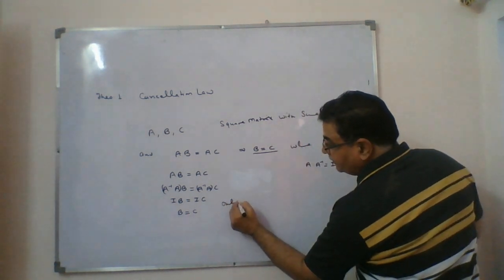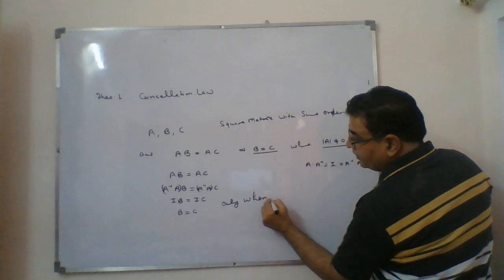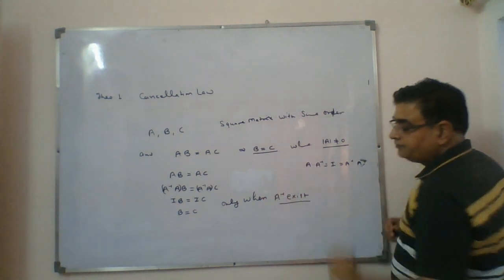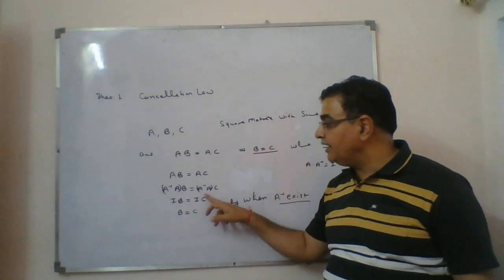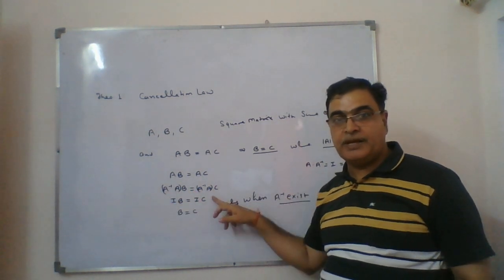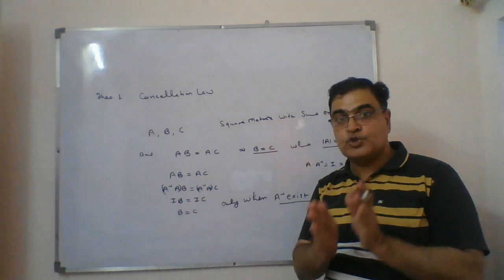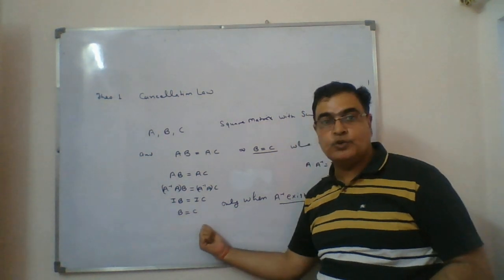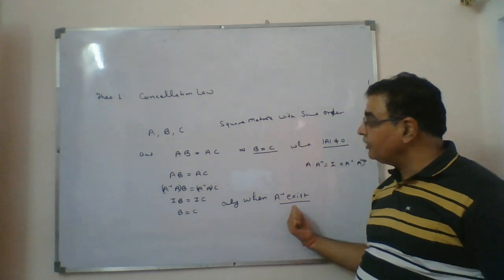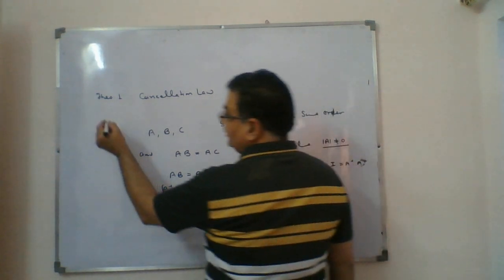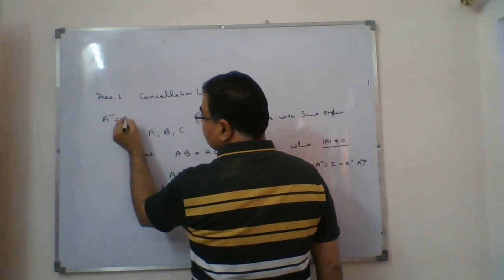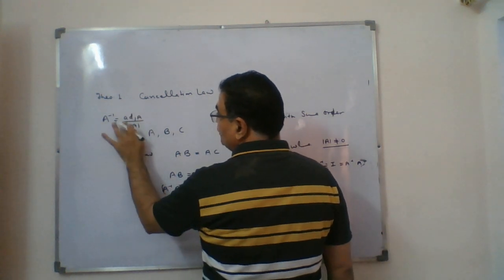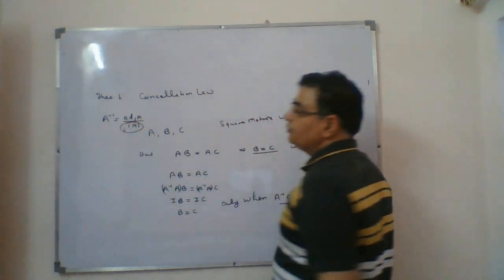Only when A inverse exists. Because you are multiplying A inverse on both sides, that means the inverse should exist, and if that exists, then only we are going to get B is equal to C. And in what case does A inverse exist? I told earlier A inverse is adjoint of A by determinant A, so this quantity should not be 0.